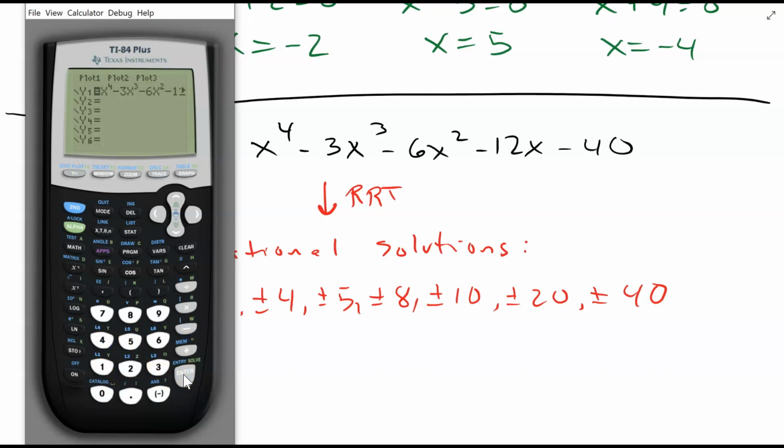So again, I just typed in exactly the polynomial that we're trying to factor into the y equals menu. Okay, so let's set a window now. What should I use as my x min?